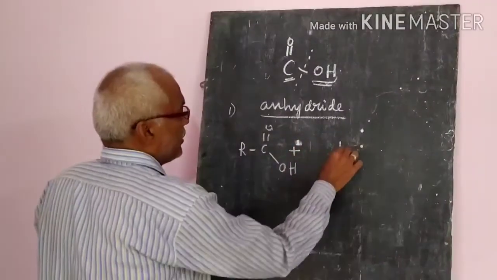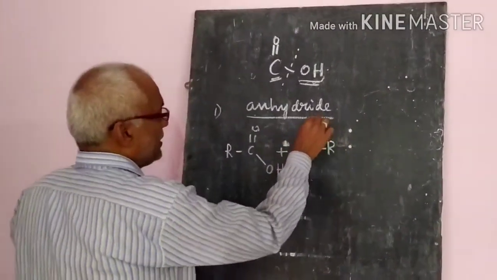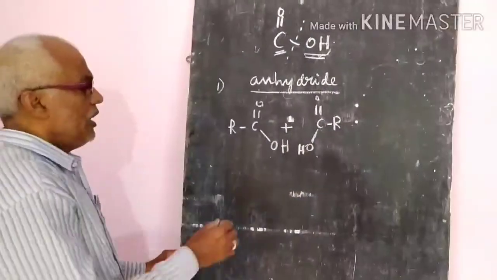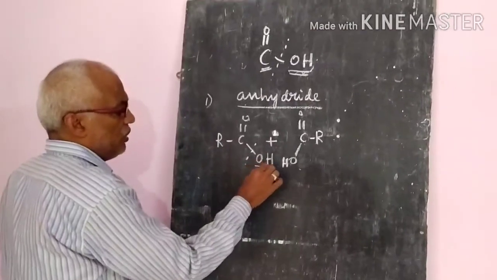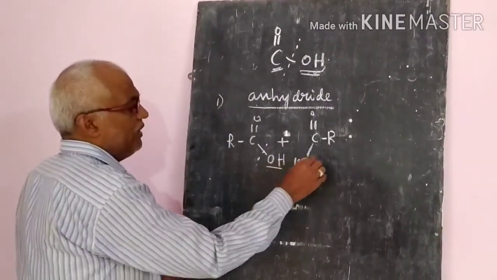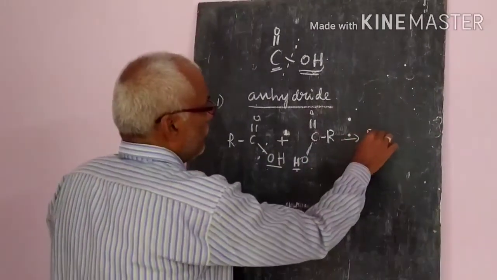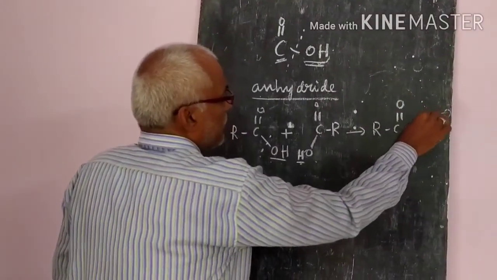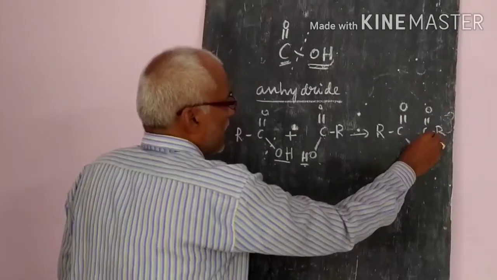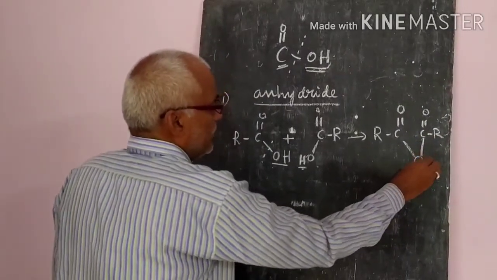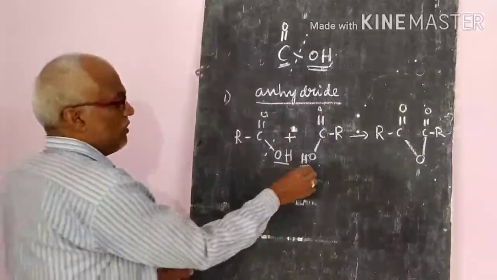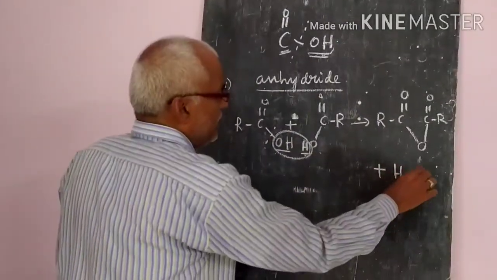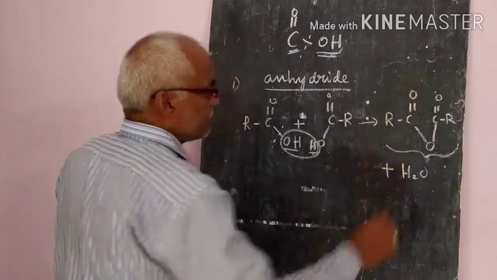Two molecules will react, the bond will be broken, OH and H will be removed as water. Then RC double bond O and RC double bond O, these 2 groups are attached by an oxygen. Removal of a water molecule gives you an anhydride.